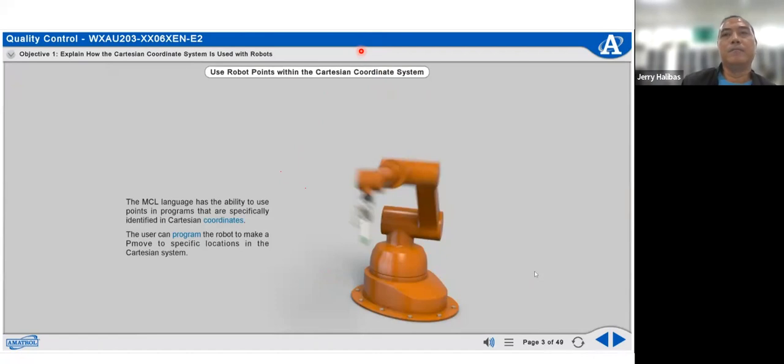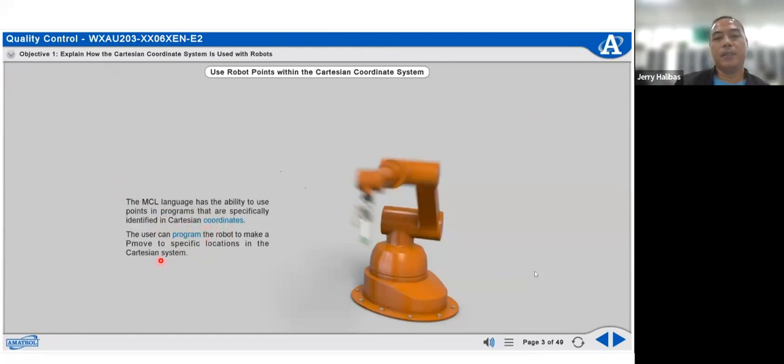So the MCL, what is MCL? Remember, guys, the manufacturing control language or the machine control language has the ability to use points in the programs that are specifically identified in coordinate systems, in Cartesian coordinates.